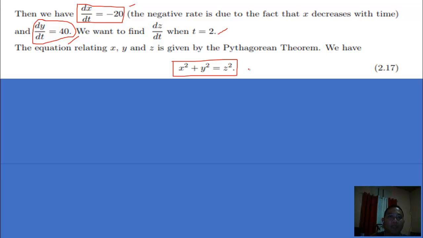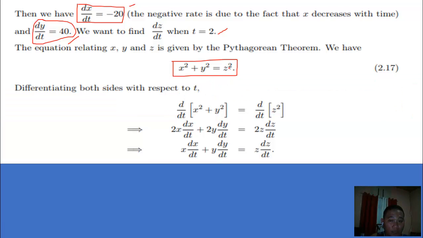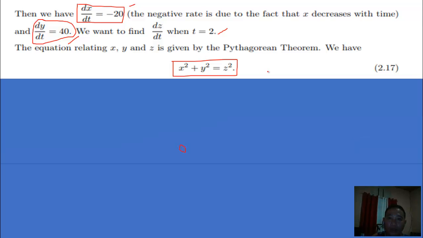After the time t is 2, ano kaya ang value? Alam natin that if you're going to implicitly differentiate this one, you'll get 2x dx/dt plus 2y dy/dt equals 2z dz/dt. So, dividing by 2 lahat, you will get x dx/dt plus y dy/dt equals z dz/dt. And you have your x, which is, ano yung x natin doon?